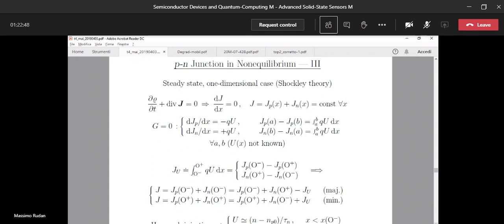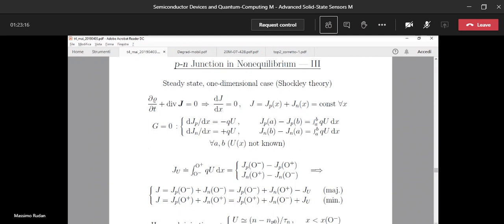This expression is useful, although we are not able to calculate the integral, because you remember u depends on the concentrations. And the concentrations so far are not known. Their dependence on x is not found yet, so we cannot do the integrals, okay? But formally we can do them.